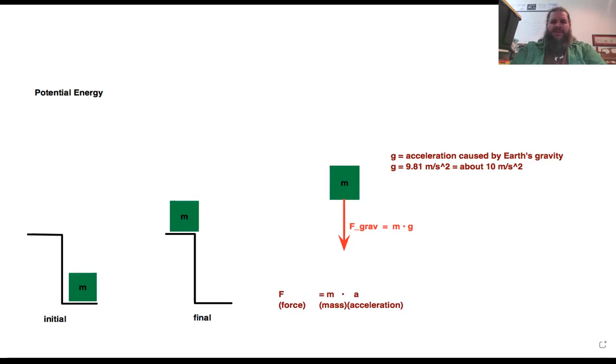For example, let's say you have an object that is 5 kilograms, a 5 kilogram mass object. How would you calculate or what would be the force of gravity on that object?